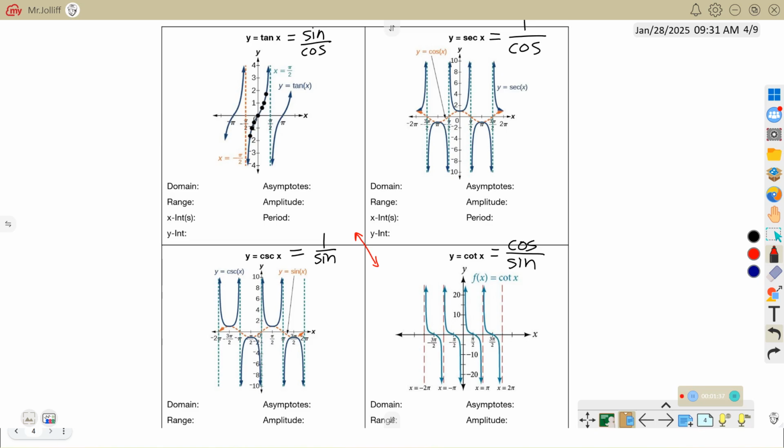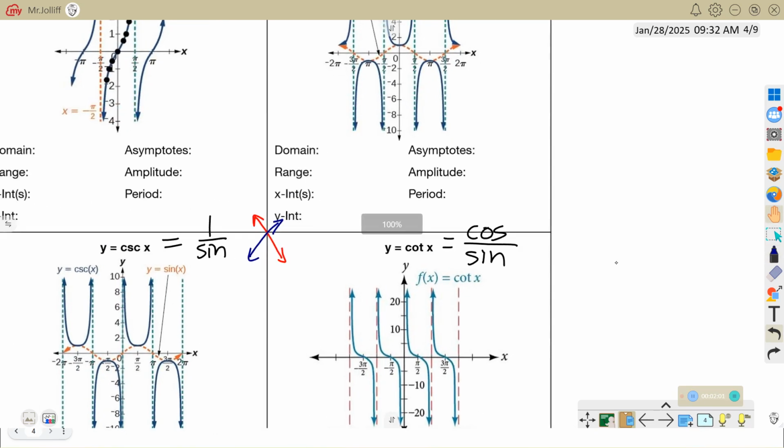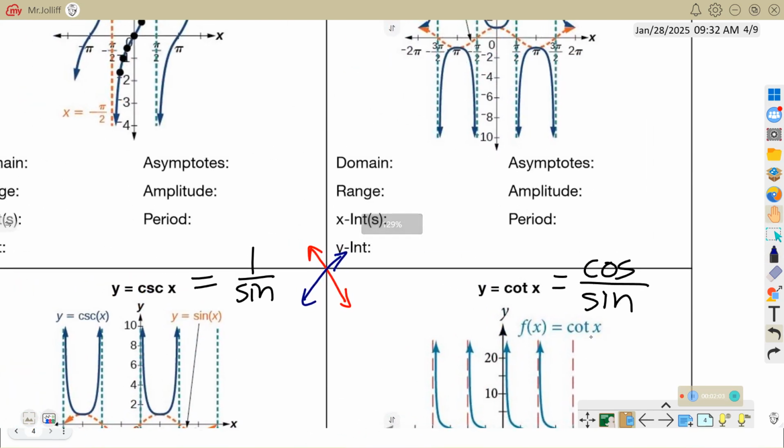And I see a fairly strong relationship this way between secant and cosecant, which involve only one trig function. So let's start with tangent, and we're going to go over the details of each one at a time.